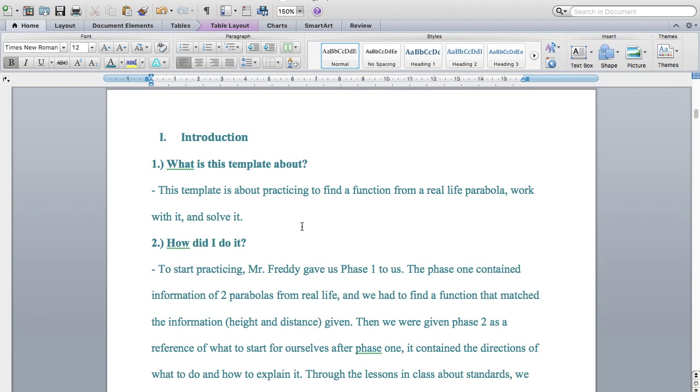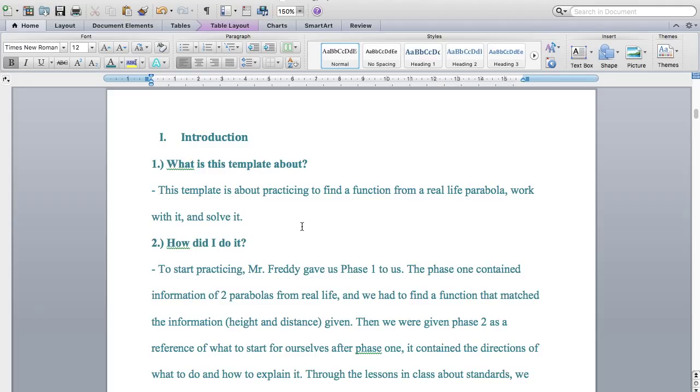To start off with the introduction, what is this template about? This template is about practicing skills to find the functions from real-life parabolas, working with them, creating our own parabolas, and solving them and getting the quadratic functions out of the parabola.